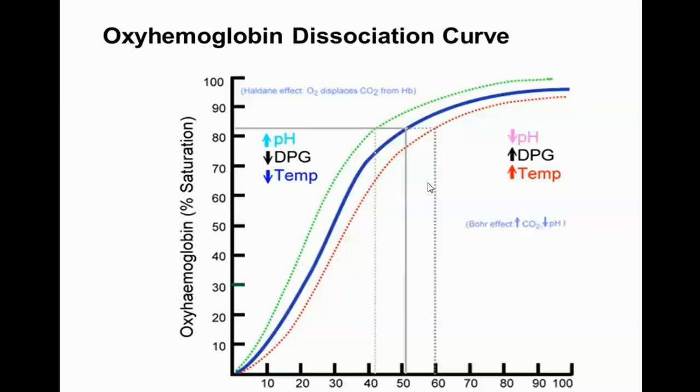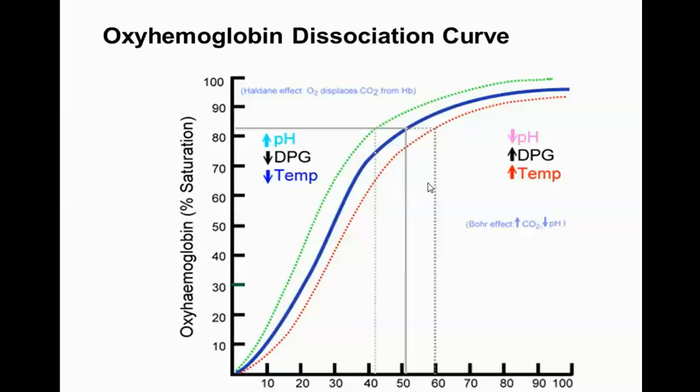Excellent. Why? Because at the lung, the affinity for oxygen increases to load more oxygen with lesser pressure. Even with 20 or 30, I can load most of the hemoglobin. But at the tissues, it shifts to the right, to unload almost all of my oxygen to the tissue.